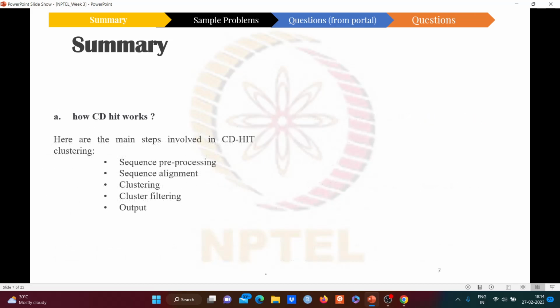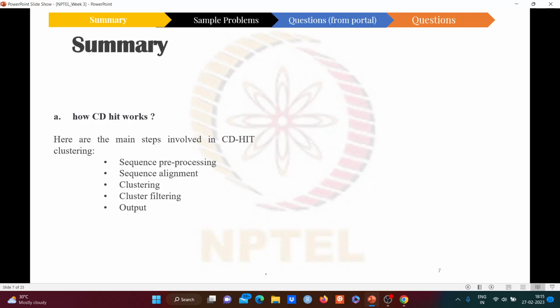As I mentioned, the term CD-HIT refers to clustering and comparing large sets of protein or nucleotide sequences. When we expand the word, CD-HIT stands for Cluster Database at High Identity with Tolerance. It was first introduced in 2004 and since then has undergone several updates and improvements.